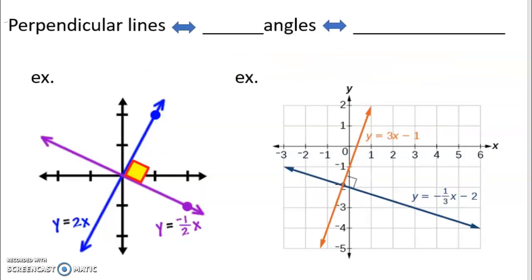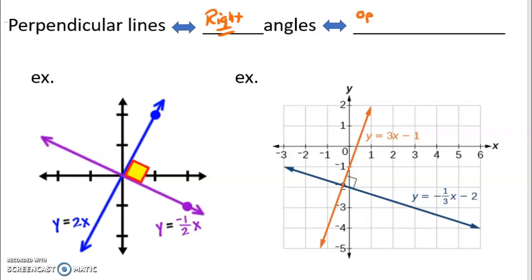Perpendicular lines are going to be much different. So perpendicular lines must intersect, and they must also form right angles. We'll be getting more to this soon. But for us with the equations, that must mean two things must happen.